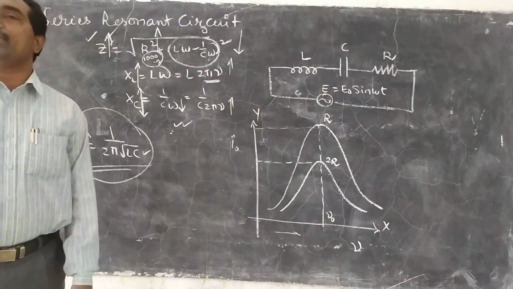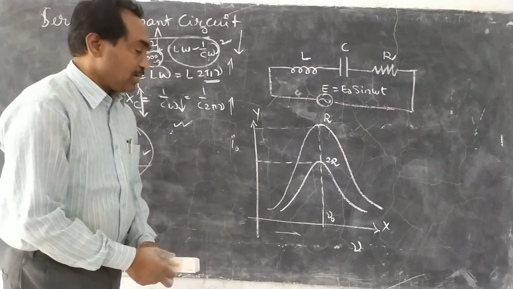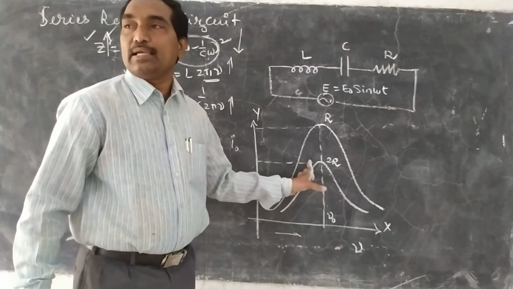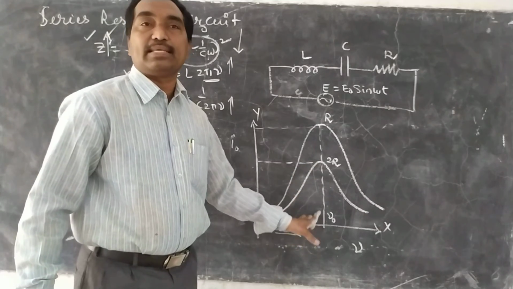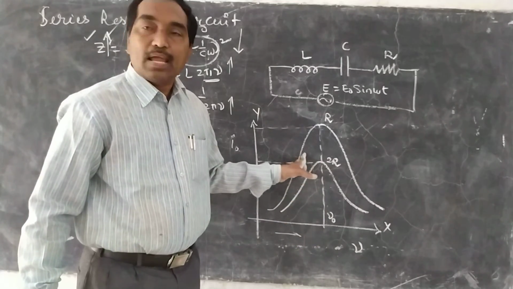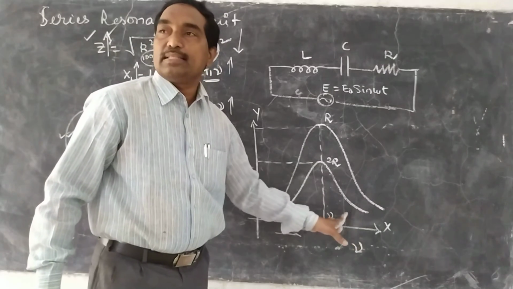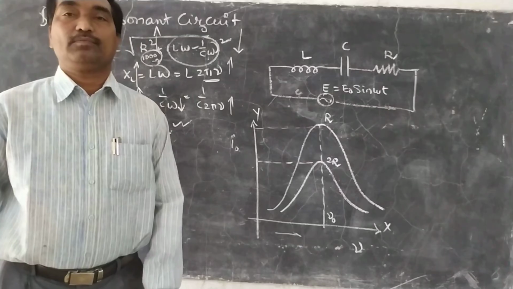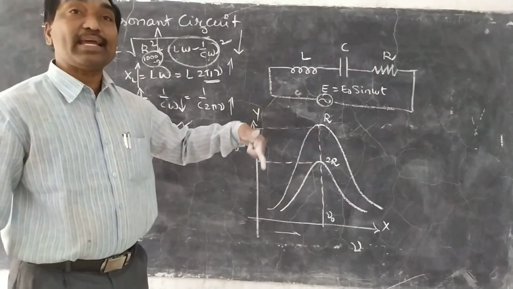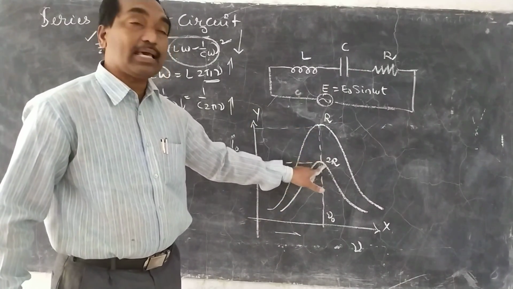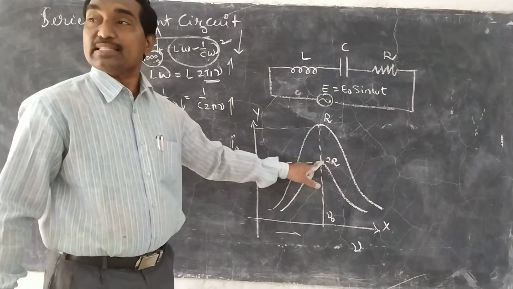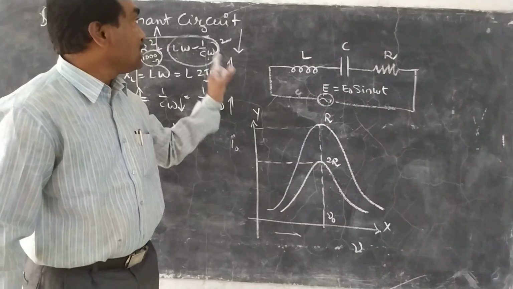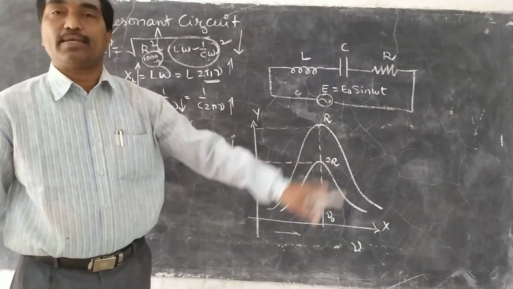So from this, the first observation is that if the frequency changes, current increases rapidly, at a certain frequency the current is maximum, and thereafter it decreases. This frequency is called the resonant frequency. This is the main important point. The second is that when the resistance increases, the peak current decreases. That is the second point we observed in this series resonant circuit. Thank you.